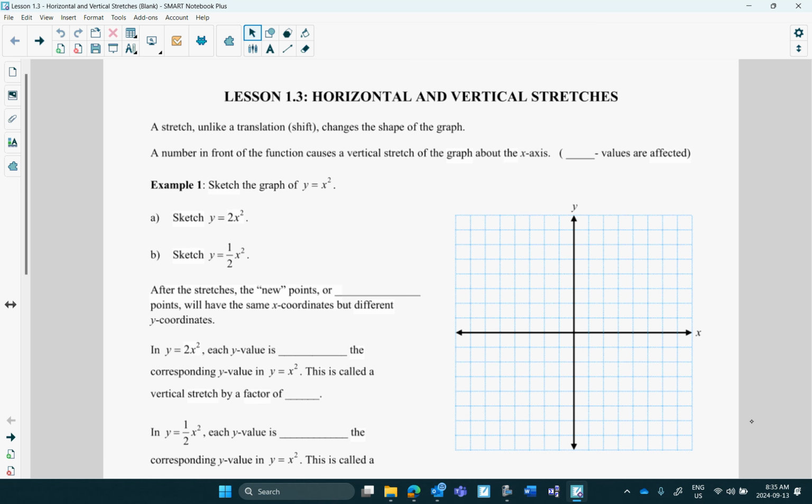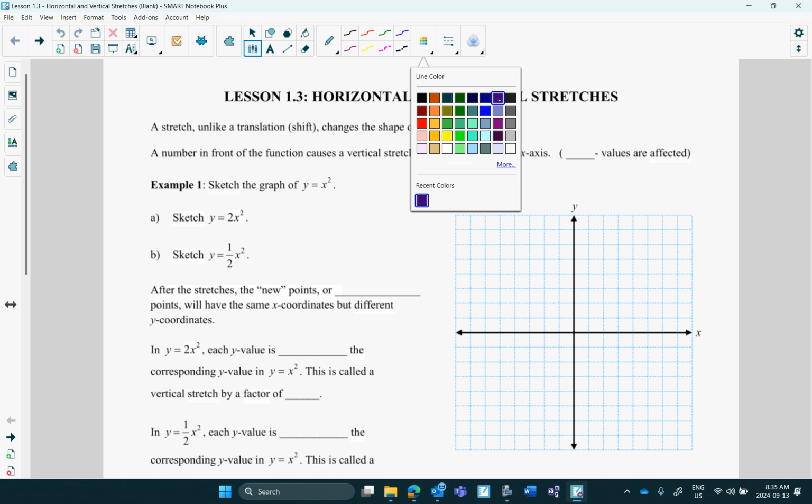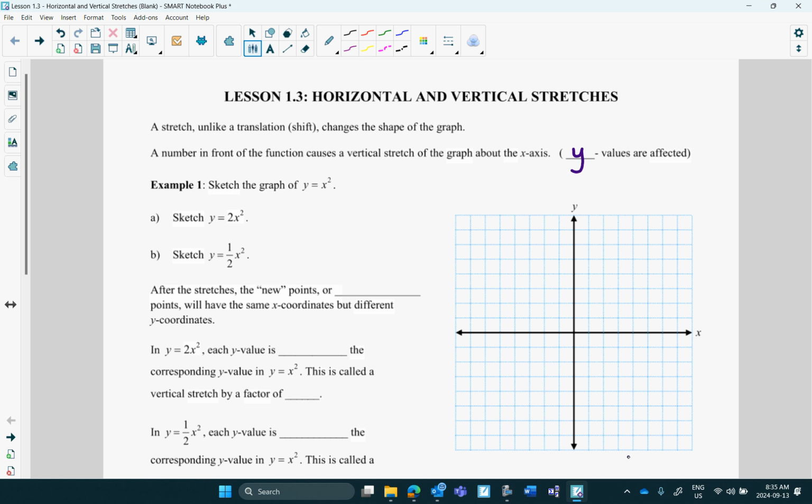The x values stayed the same. So just a quick review from last year.